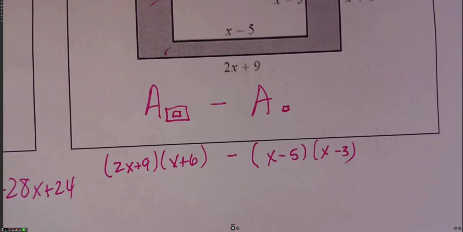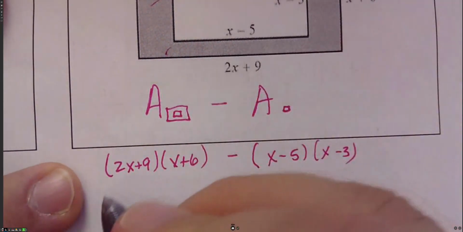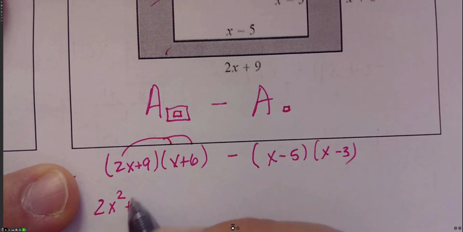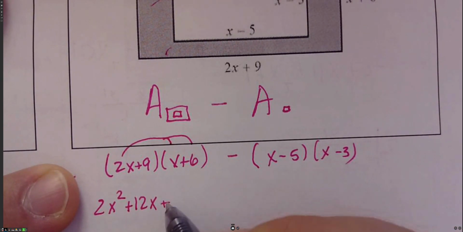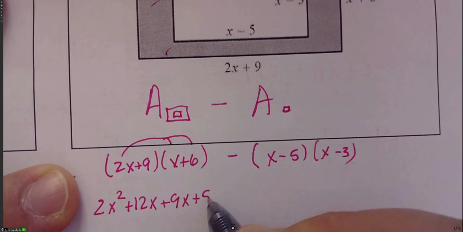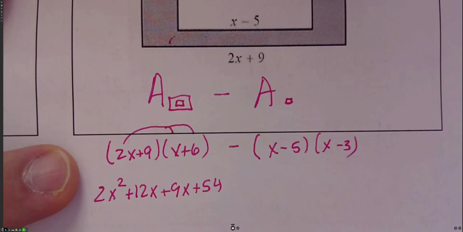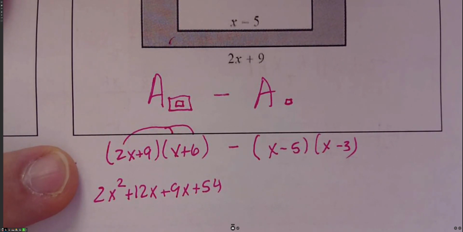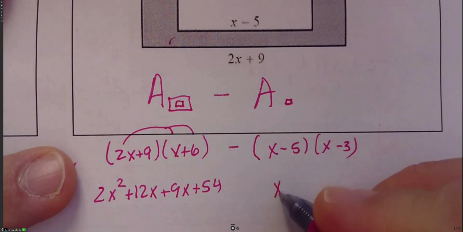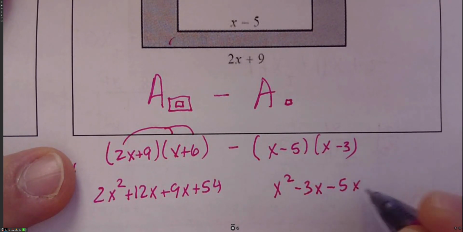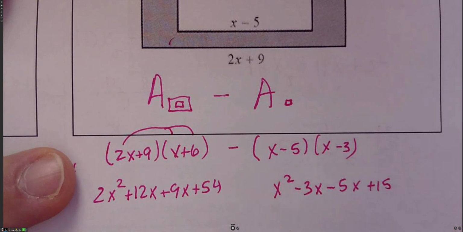Okay, so down here, we're going to get 2x squared plus 12x plus 9x plus 54. On the other side, we get x squared minus 3x minus 5x plus 15.